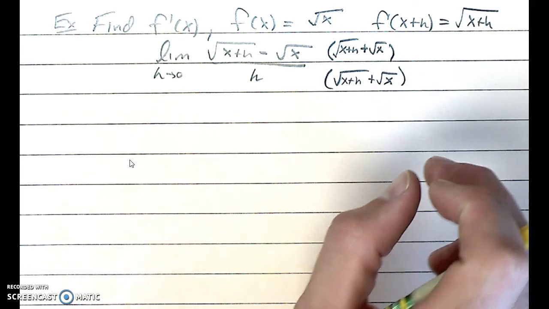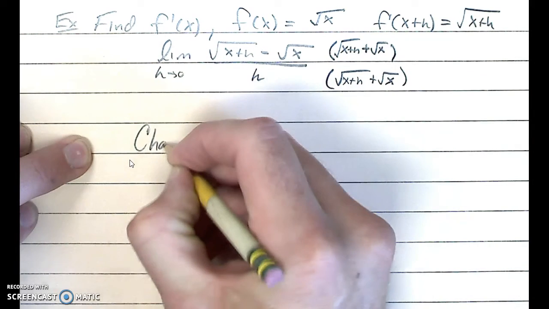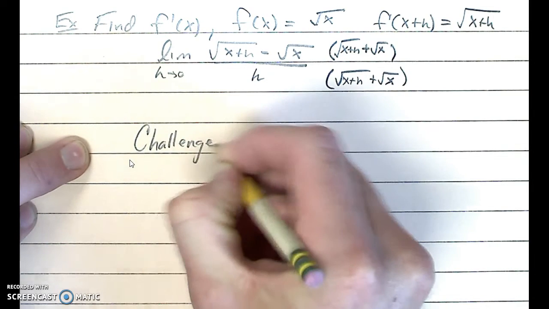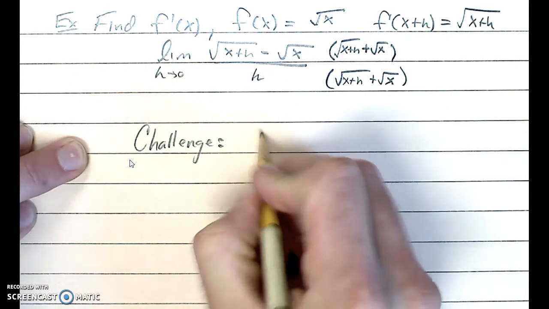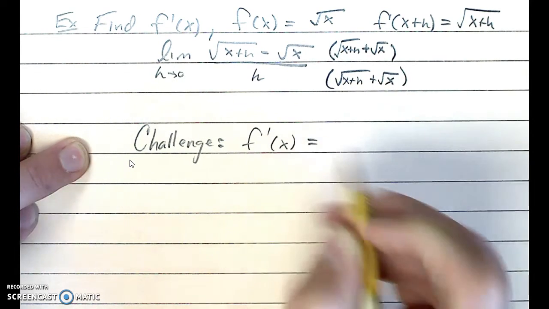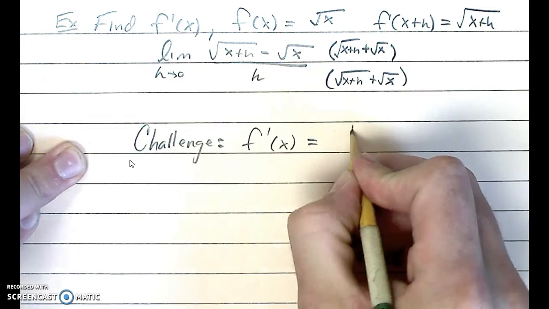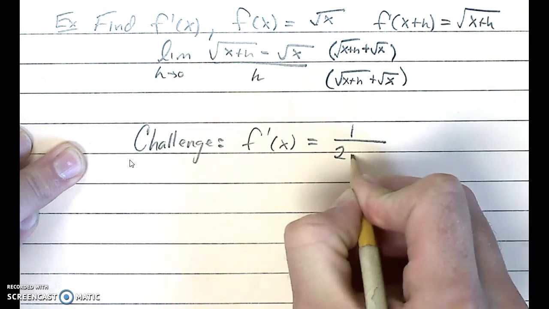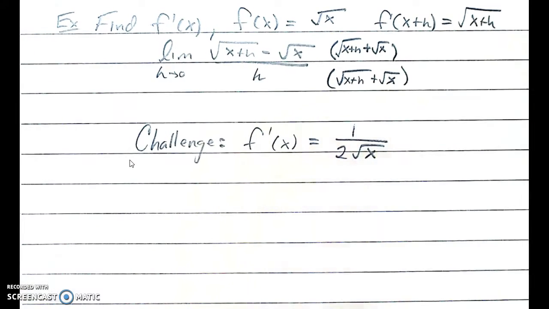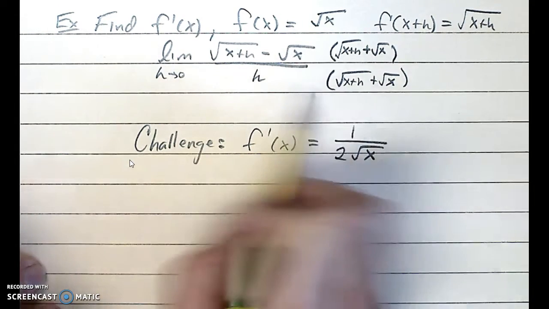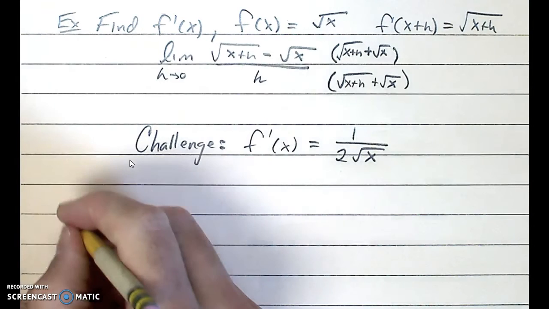So one challenge for you is to show that f prime of x is equal to 1 over 2 times the square root of x. Okay, so the challenge is to go through this algebraically and show that.